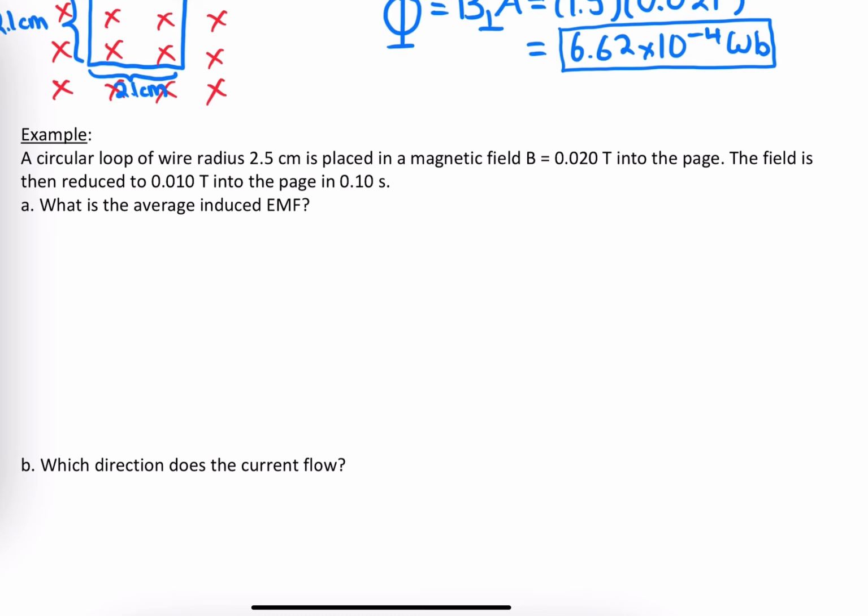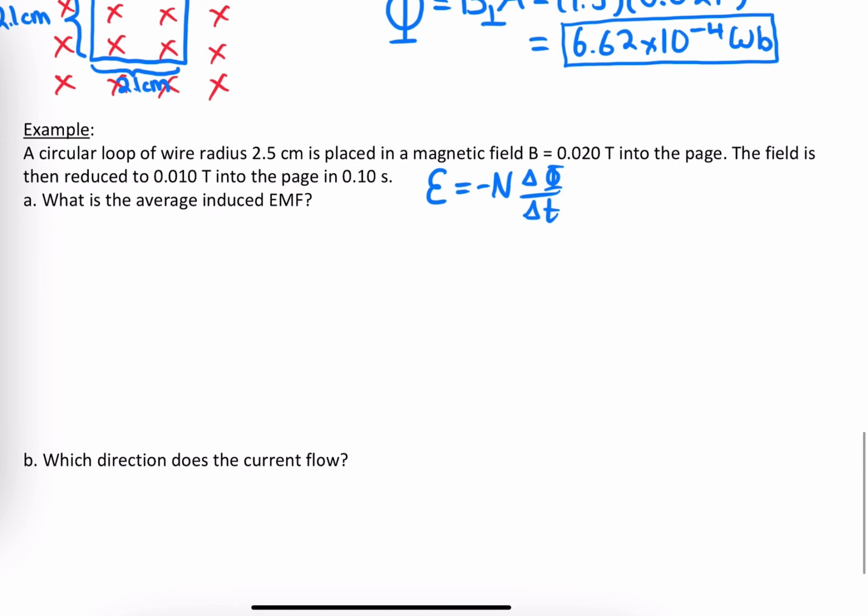So I'm going to write down that formula because I think that is going to be important. Here's Faraday's law. And let's draw this out.